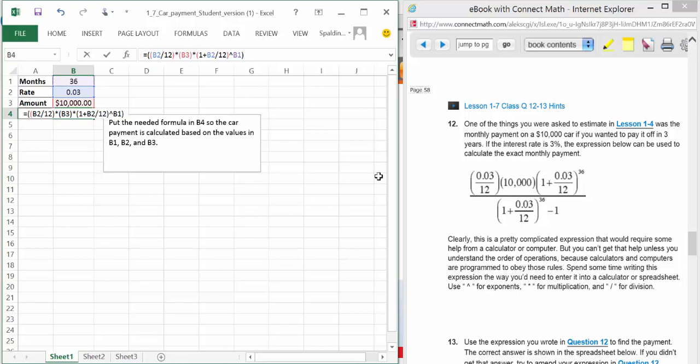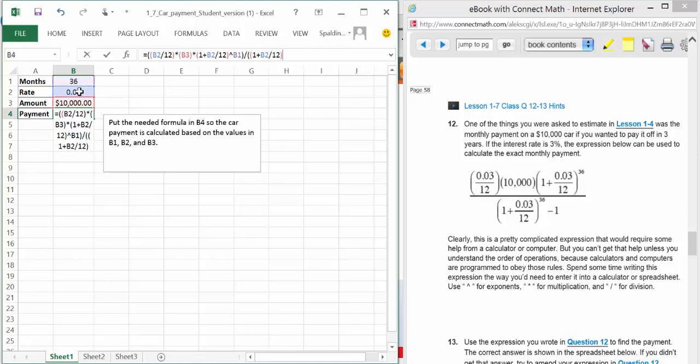So that's everything in the numerator, that extra set of parentheses at the beginning and the end of the numerator. Then I'm going to say divided by, and once again I'm going to put in an extra set of parentheses, this time for the denominator. So I'm going to hit parentheses. I'm going to say 1 plus, and there's that rate again, so I'm going to click in cell B2, divided by 12, close parentheses.